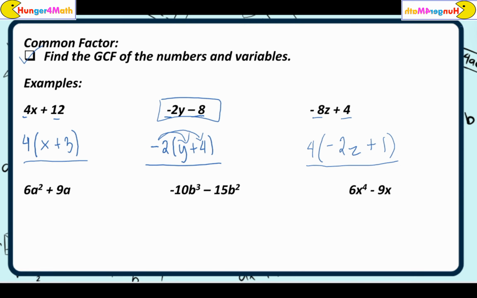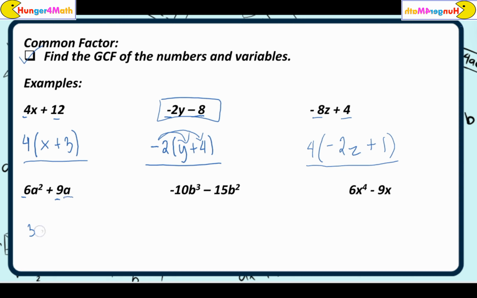Next, we have 6a squared plus 9a. So let's get the GCF of the 6 and the 9, and that is 3. Now, if you can see, both terms have a variable, so we can factor out the a. In terms of factoring, we have to get the variable with the lowest exponent, and that is the a.